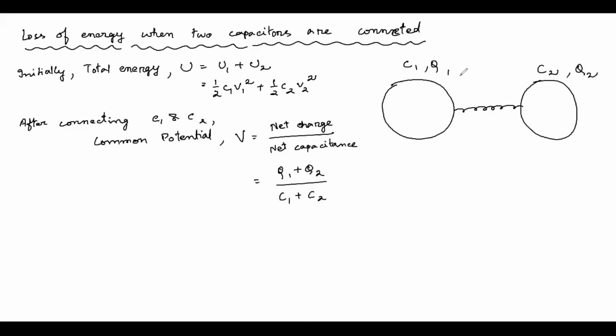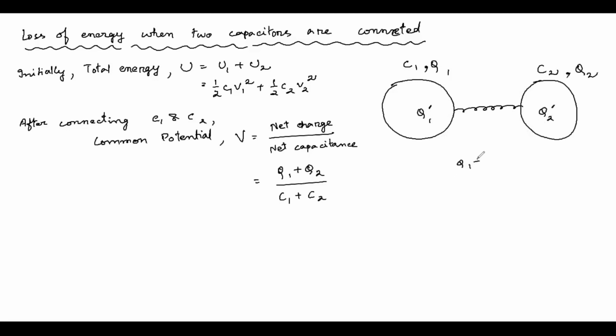Now remember one thing: when these two capacitors were disconnected, not in connected mode, your charges were Q1 and Q2. But once you connect them, you will have different values of charge. Let's say Q1 dash and Q2 dash, but your net charge value will not change.